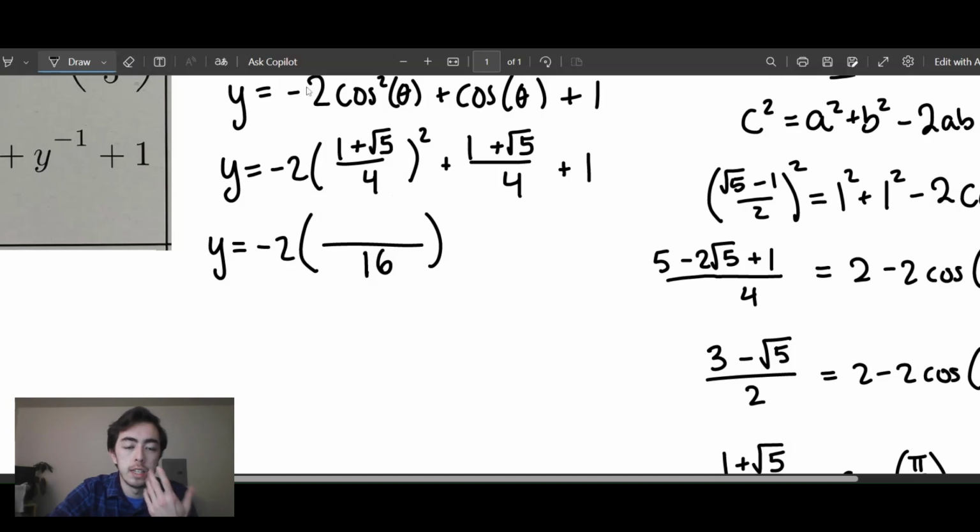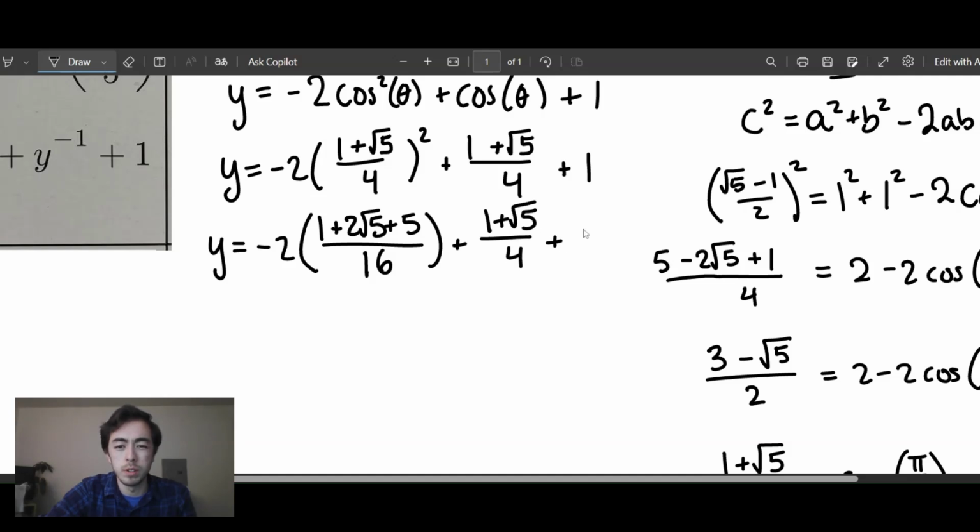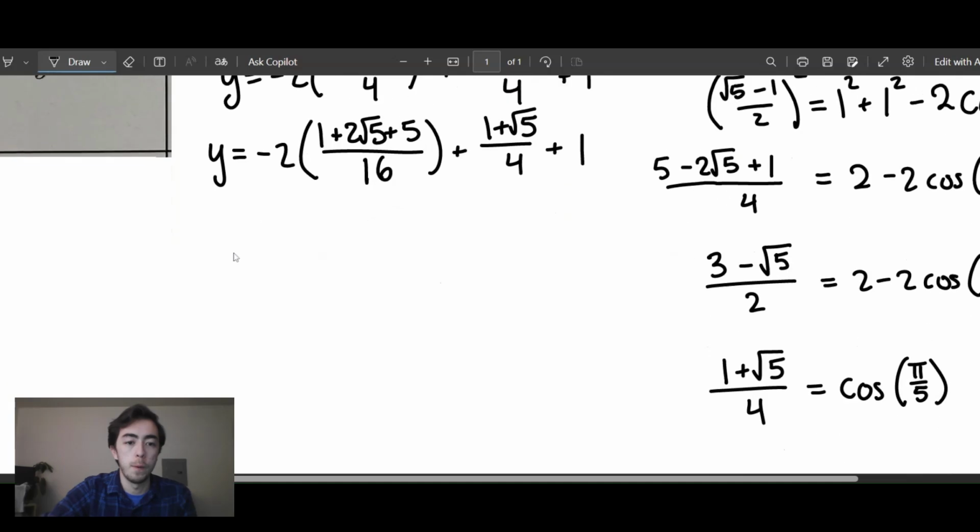And then the top, I have a 1 plus a 2 root 5 plus a 5. Then how about, I'll merge that negative 2 in a bit. I'll just rewrite everything else as normal. Don't want to do too much all at once.